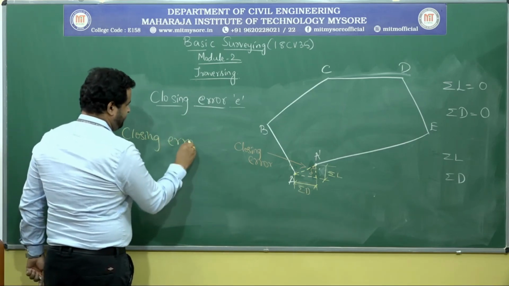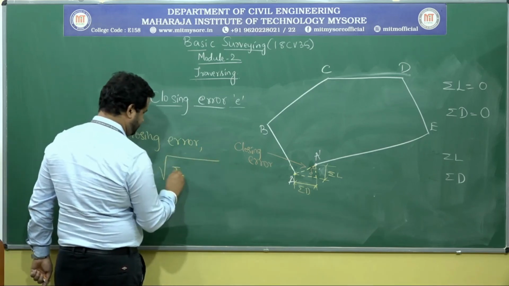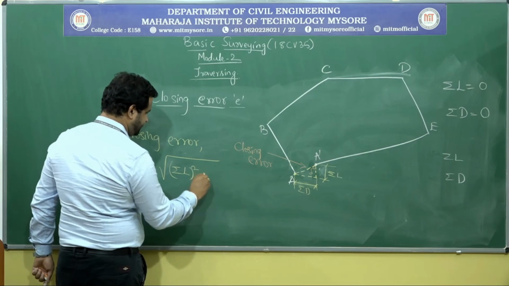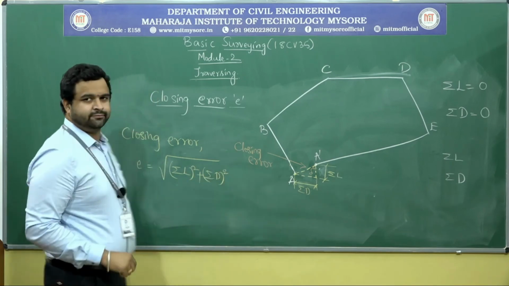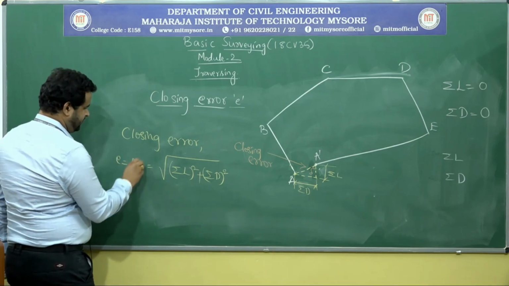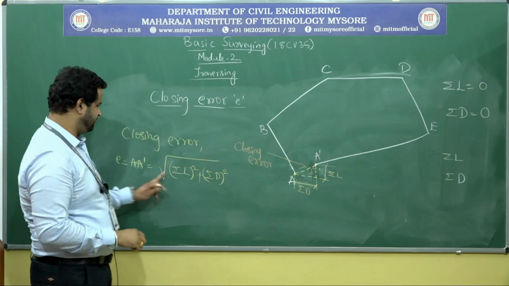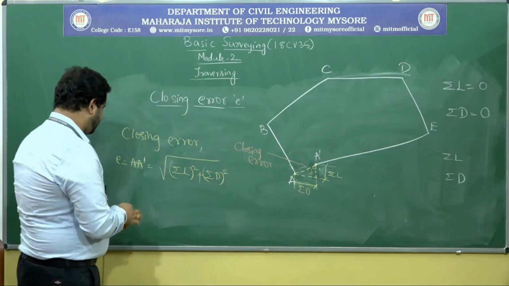Closing error E is equal to root of sigma L square plus sigma D square. From the figure, it is nothing but E is equal to A A dash, which is equal to root of sigma L whole square plus sigma D square. And what about the direction?